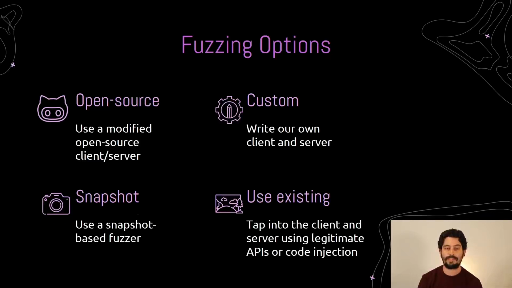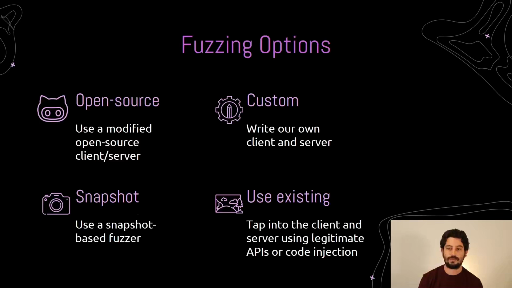Now, snapshot-based fuzzing has the advantage that you don't really need to recreate the connection every time. Basically, you just go back to the snapshot, change the input in memory, and continue from there. And finally, we had the option of living off the land, meaning we tap into some existing RDP connection and use exported APIs or code injection to send our fuzzing messages.